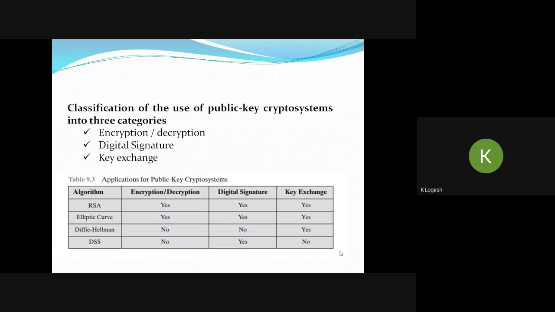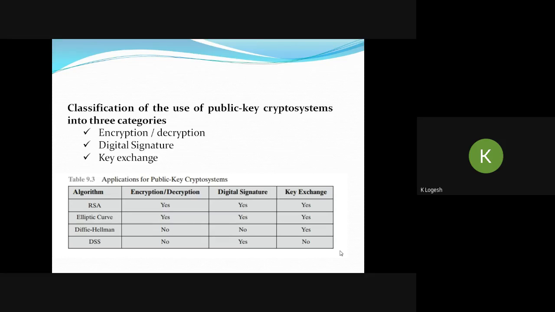And if we exchange a key in a secret way, we can use the RSA algorithm. So it is applicable in all 3 categories. Second one, elliptic curve algorithm, is also possible for encryption or decryption, digital signature, and key exchange.